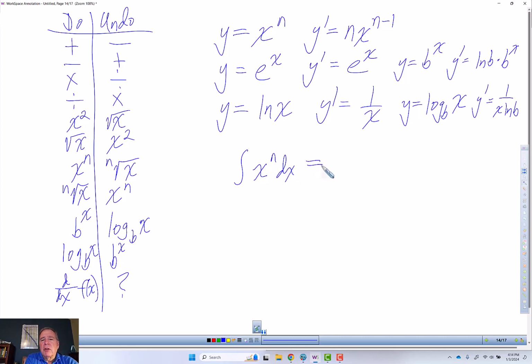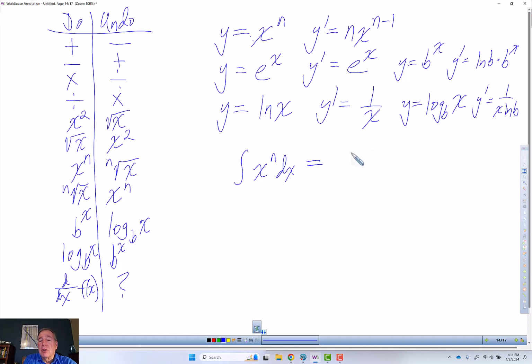So if I want to go exactly opposite to this, here I took the n off the exponent and multiplied it times the front. And then I subtracted 1 from the exponent.